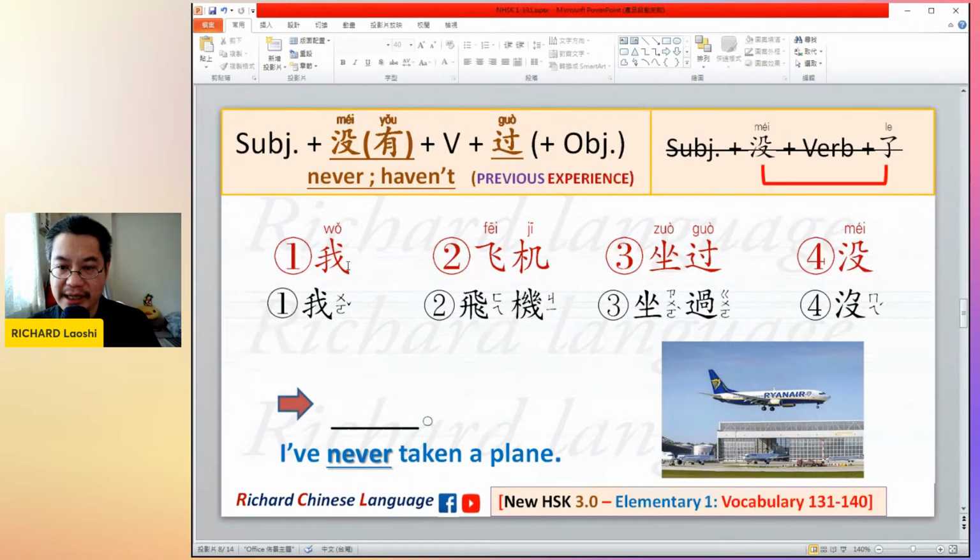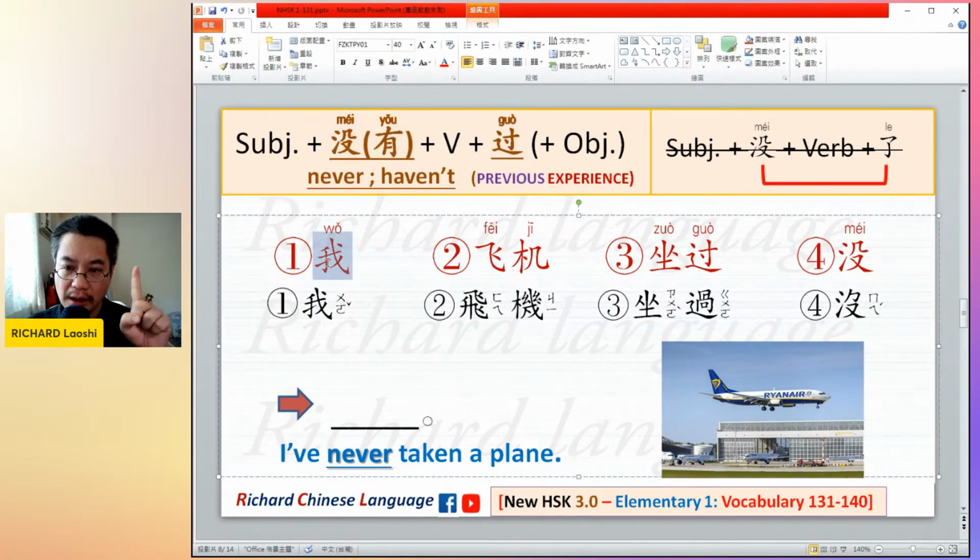Okay, once again, let's practice more about 没 verb 过. 我飞机坐过没? Still remember 没 verb 过 means you have never done something before.